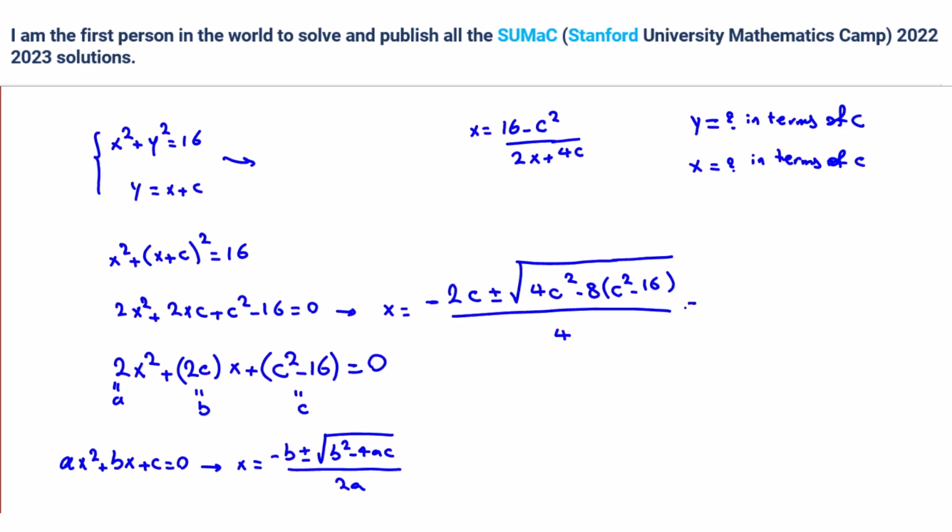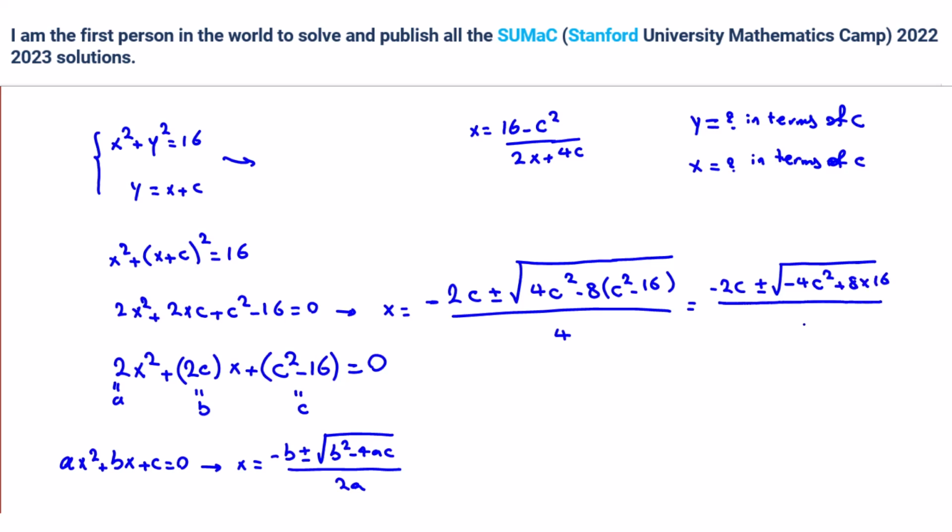Then what if you simplify? Let's write first negative 2c plus minus. Simplify inside the square root. It's negative 4c squared plus 8 times 16, right?